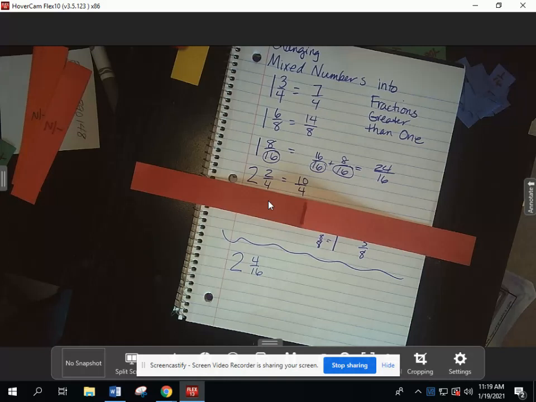Oh, it's 32. 32 plus what? 4 equals 36. We need 36. So the answer is 36.